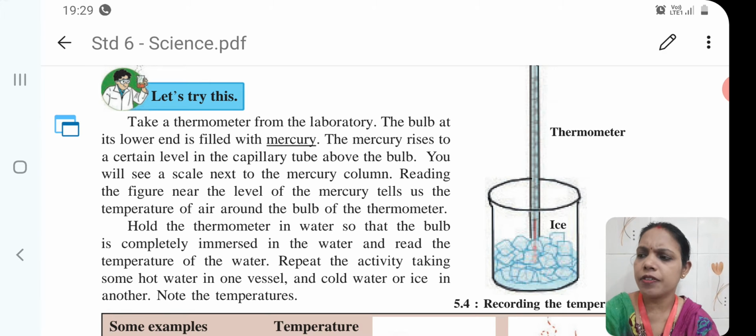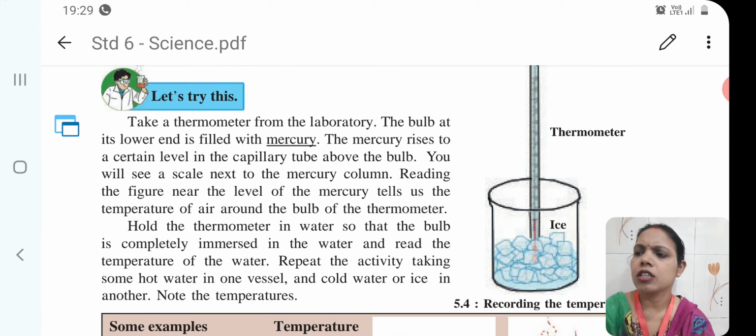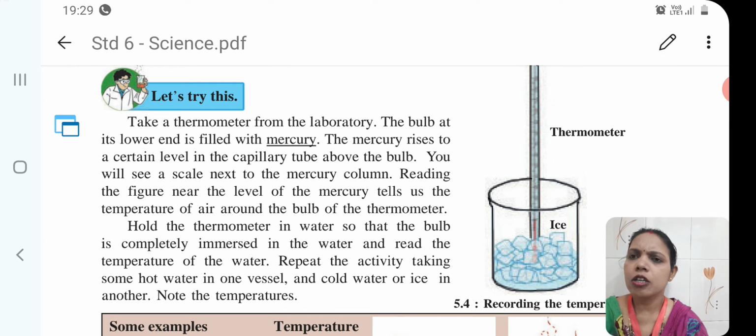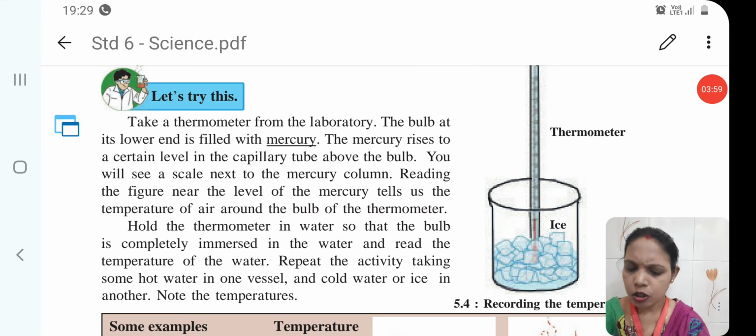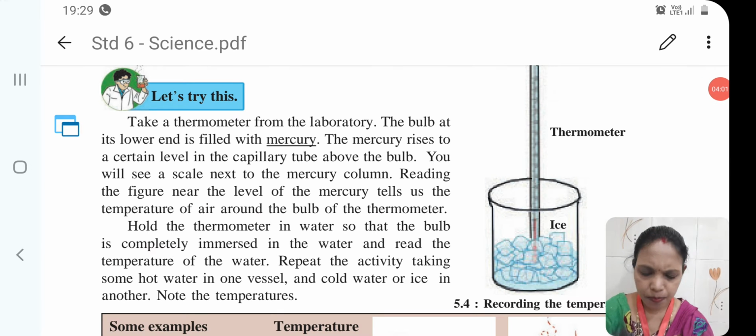Repeat the activity taking some hot water in one vessel and cold water or ice in another. Now children, what can we do? Now you can do this experiment at home also.